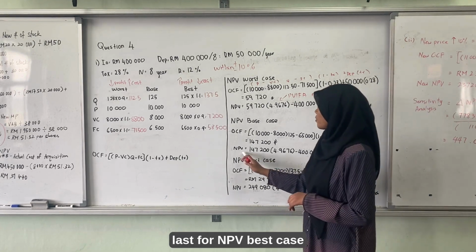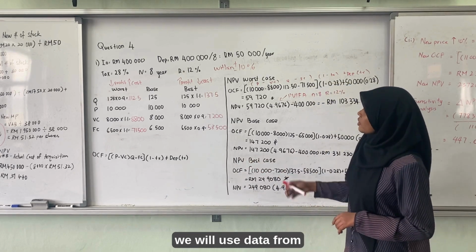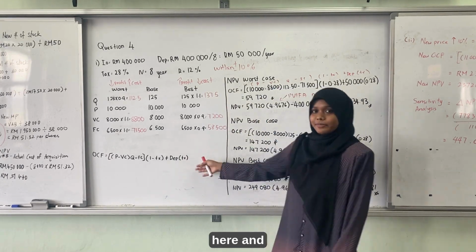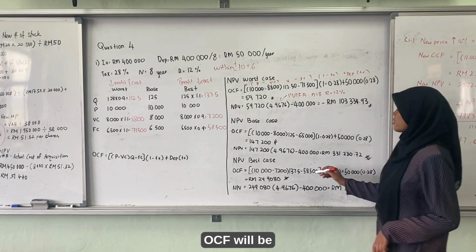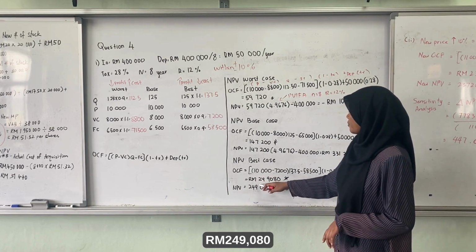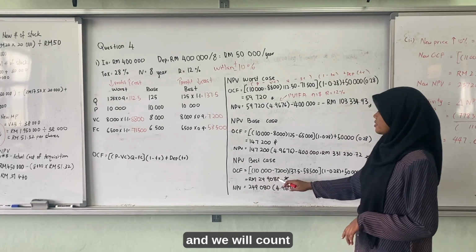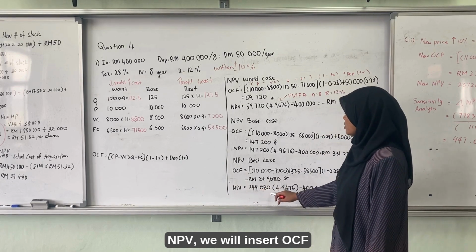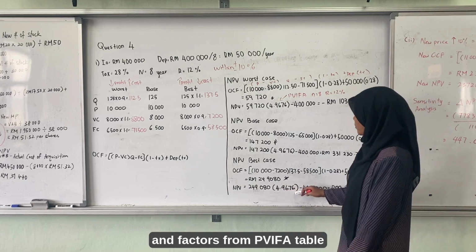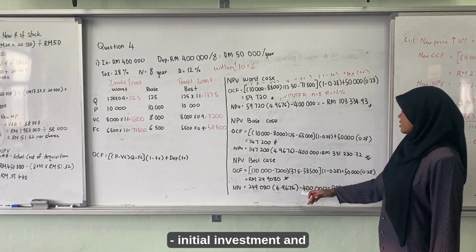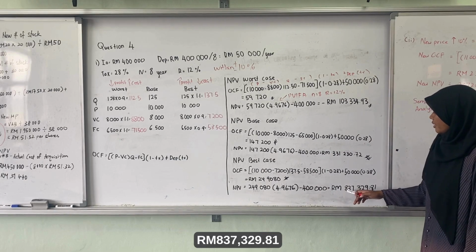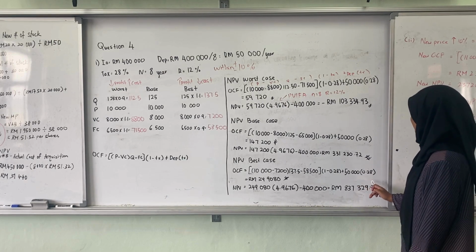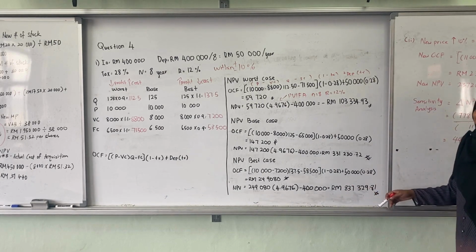And lastly, for the NPV of the worst case, we use the data from here and insert it into the formula, and the OCF will be RM249080. We insert the OCF and the factor from the PVIK table minus the initial investment, and we will get RM837,329.81.